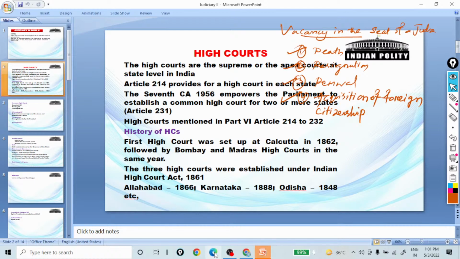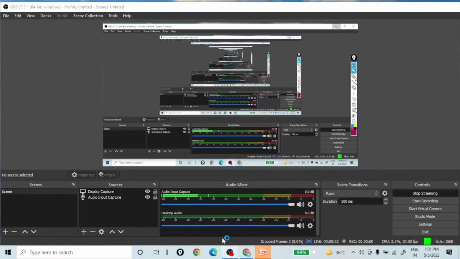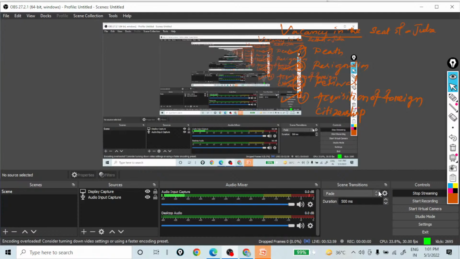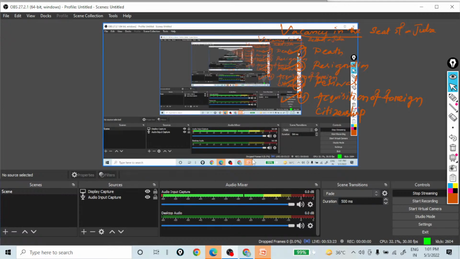In the case of subordinate courts, we will find that there are various things to learn: how many types of subordinate courts there are, how they function, how they are kept under the jurisdiction of the high court, how they are governed, controlled, and superintended by the high courts. Okay, so kindly follow us.